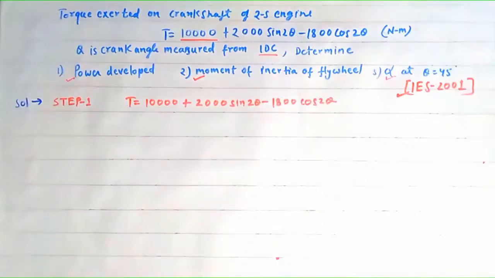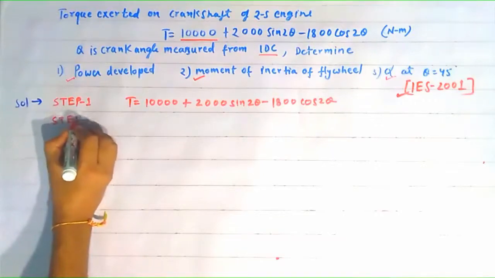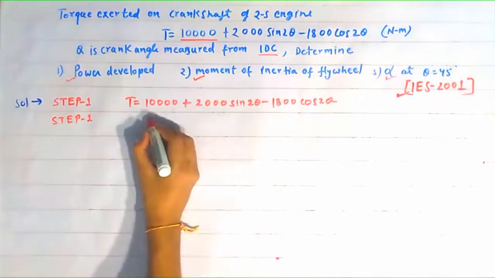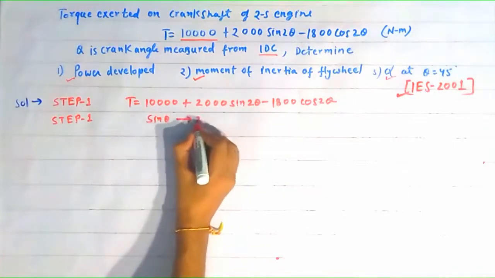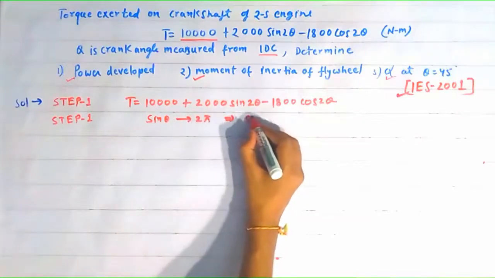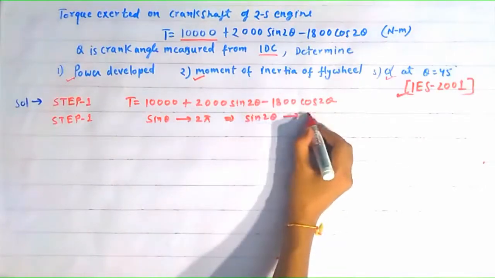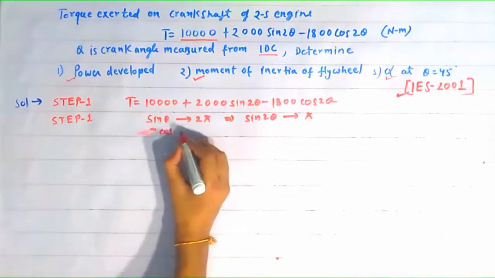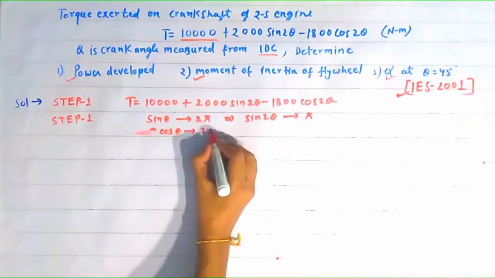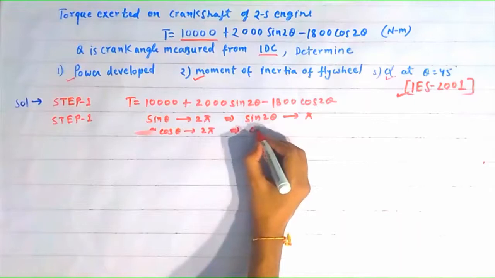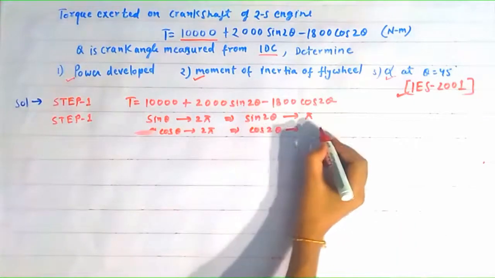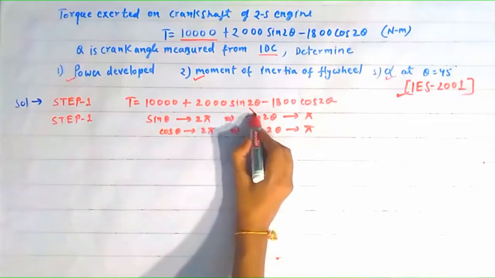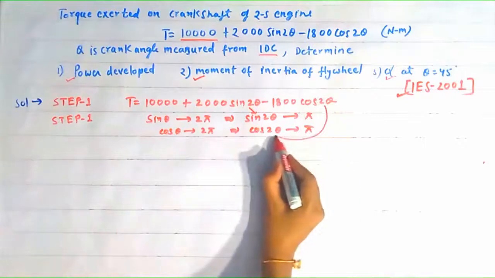Now friends, in the second step we will find the time period of the torque function. We know that the time period of sin θ is 2π. This implies the time period of sin 2θ will be π. The time period of cos θ is 2π, which implies the time period of cos 2θ will be π.